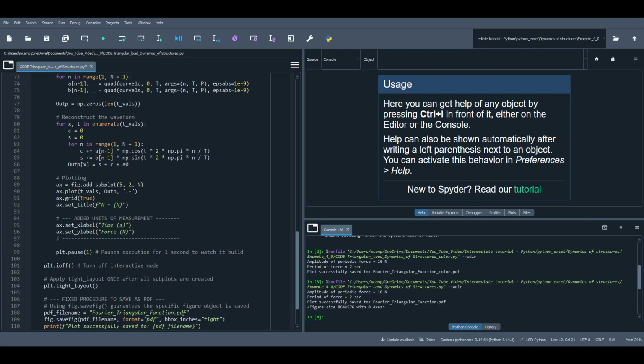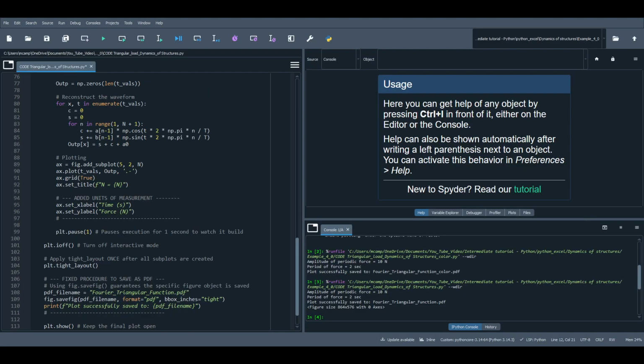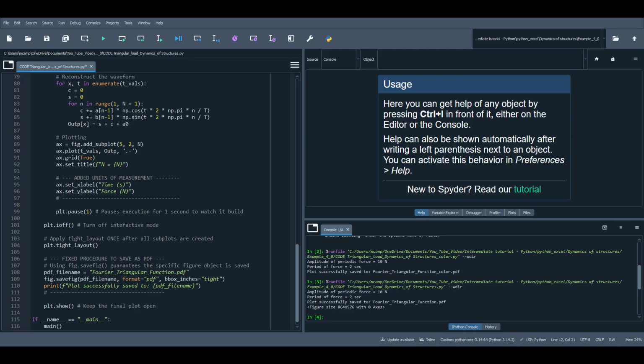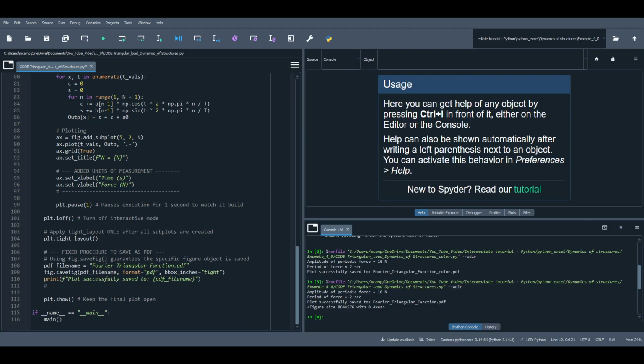Add the unit of measure, and pause execution for 1 second to watch it build. Okay, save all this graph in a PDF file called Fourier triangular function, and save.